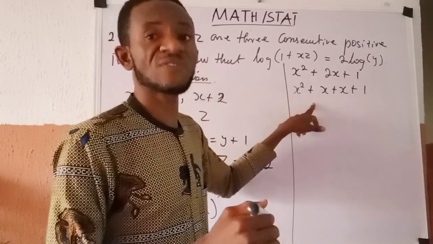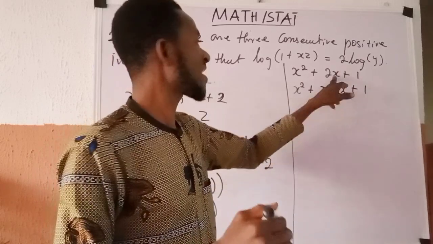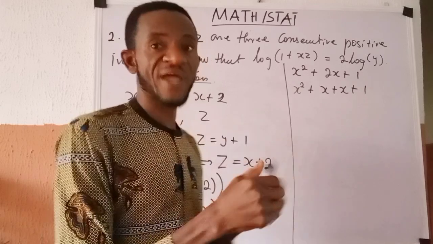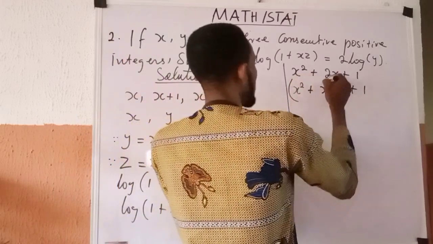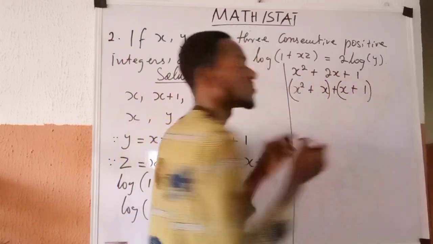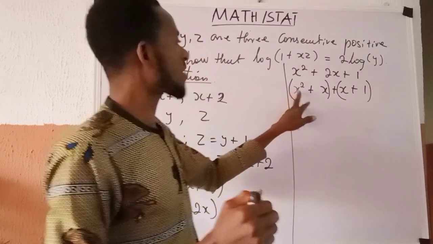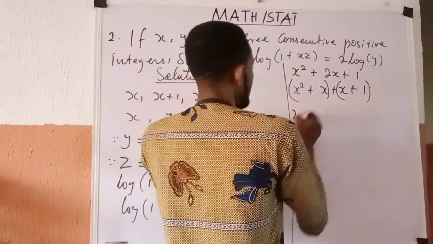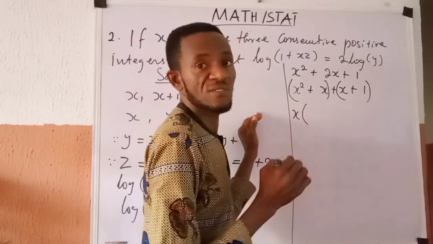This and this are not different because x plus x is 2x. Then we bracket it, open and close, open and close. We look for what is common here. What is common here is x. So I'll write x and open the brackets.